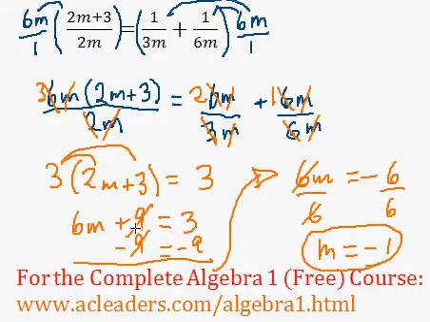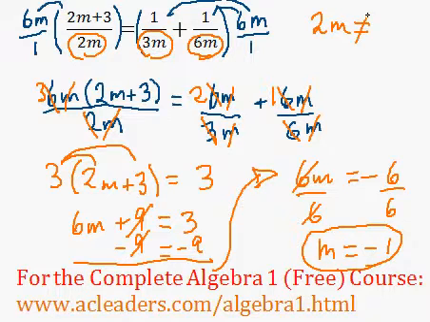That's it. But now, before we commit and say that that's an official answer, we need to take a look at the restricted values for this rational equation. And all these denominators have just 0 as a restricted value. And why is that? Because let's say that we have 2m. 2m can't be equal to 0, right?